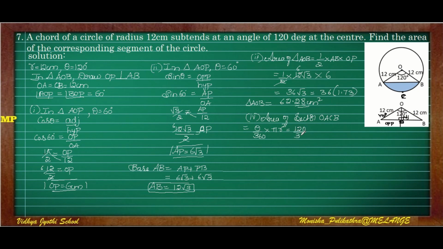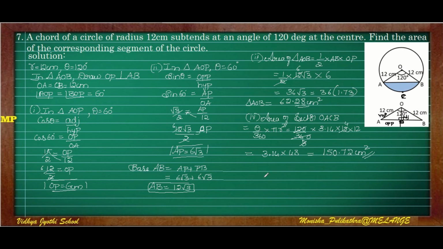So 120 by 360 into pi value 3.14 into 12 into 12, where R is 12. We know that 3 threes are 9... 12 3s are 36, so 120 by 360 is one third, and 12 4s are 48. So here we will get 3.14 into 48. So the area of sector value is 150.72 centimeter square.